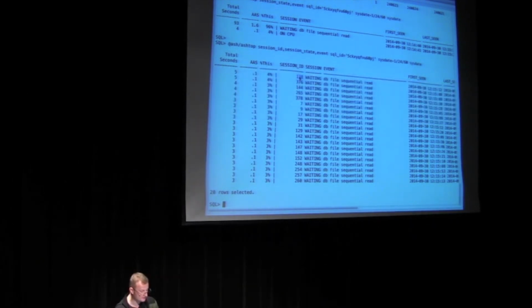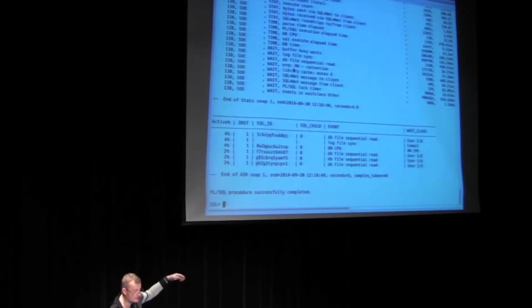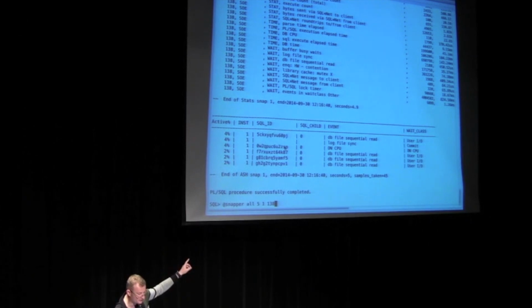Usually, if I have identified one session of interest or a few session IDs of interest, this is when I run Snapper next. Snapper is again one of my free scripts which doesn't require any changes in the database. In addition to telling what this session waited for and what it ran, it also tells me how many times it did stuff.